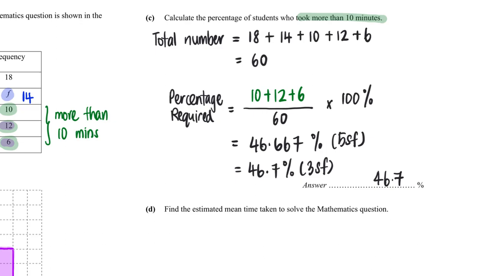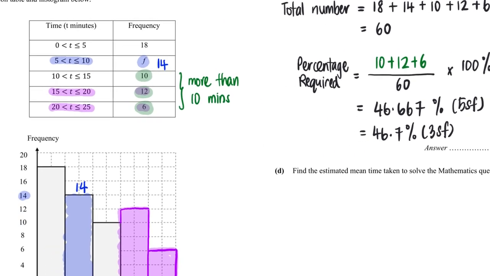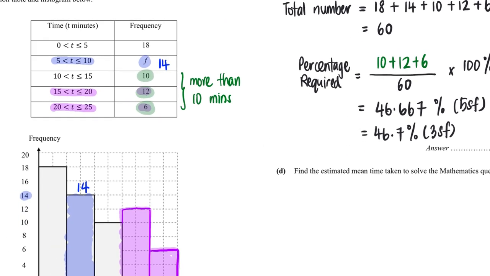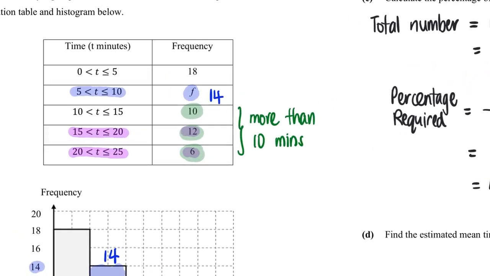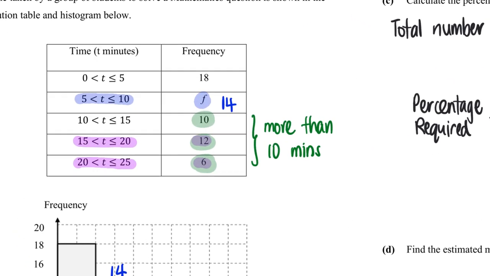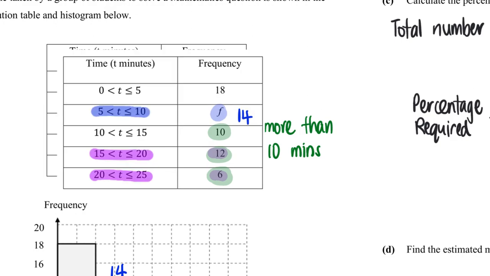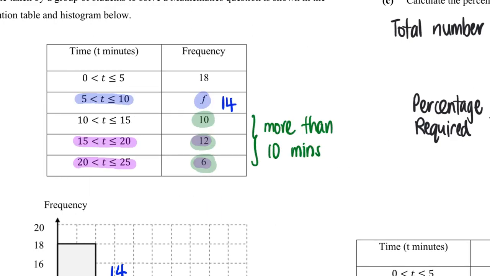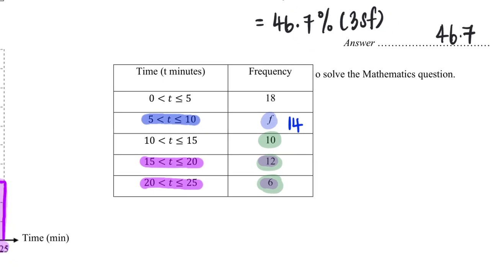Last part of this question. Find the estimated mean time to solve the mathematics question. Well, for this question, we do need to look at this table, which I'm going to cut out so that it's neater, easier for us to see.